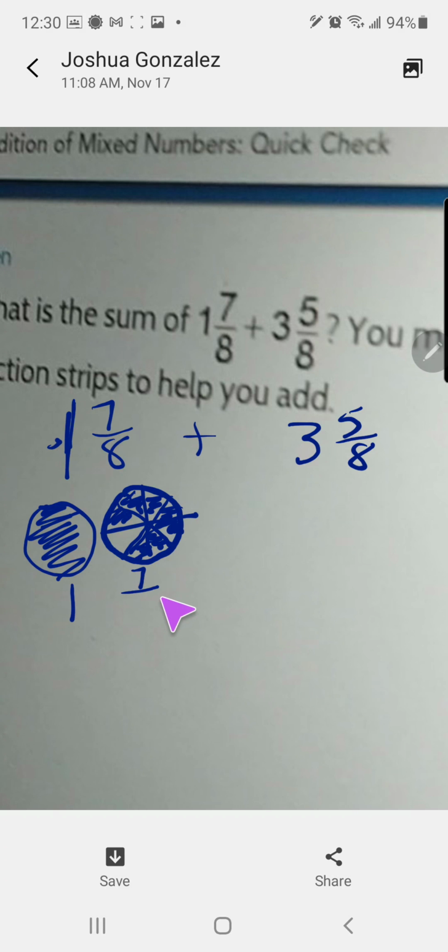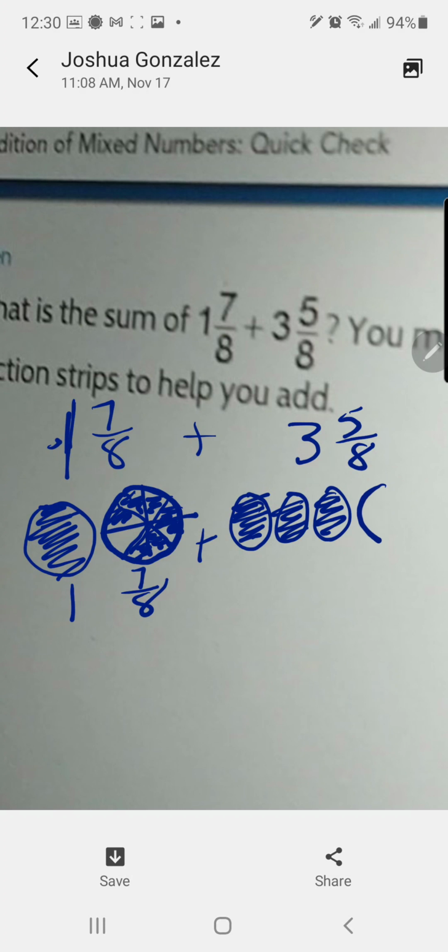So there's 1 and 7/8. Plus 3 wholes over here: 1, 2, and 3 complete wholes. And then you need another one to represent 5/8. Break it up into 8 parts because that's what the denominator says, and you want 5 out of 8: 1, 2, 3, 4, and 5. So you got 3 and 5/8.